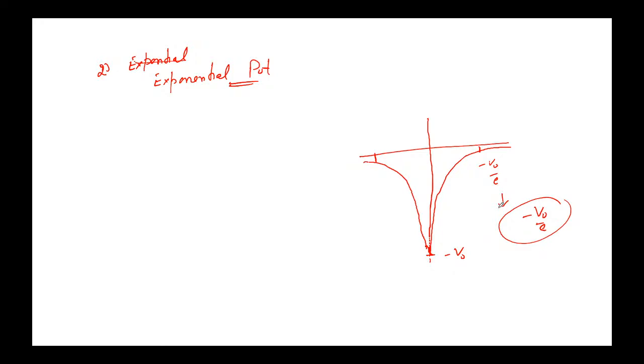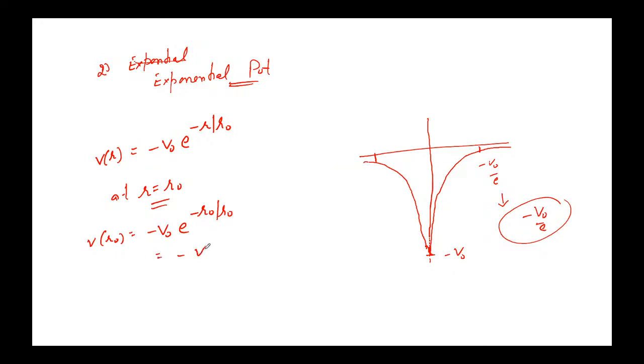This is the representation of the exponential potential, which we can calculate using the exponential function e raised to power minus r over r naught. At the maximum, when r is r naught, the nuclear potential is of the order of minus V raised to power e inverse, that is minus V over e. So this is the exponential.